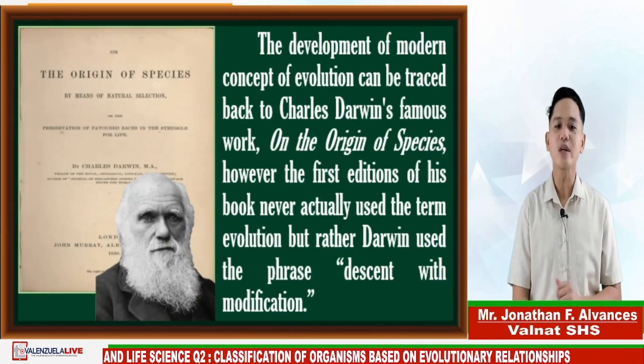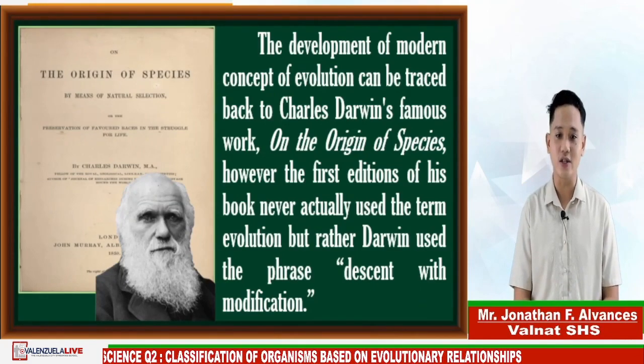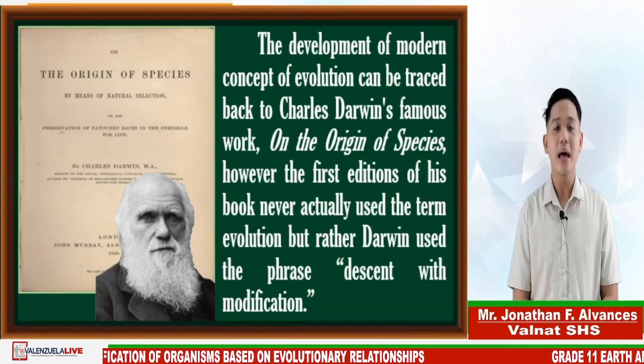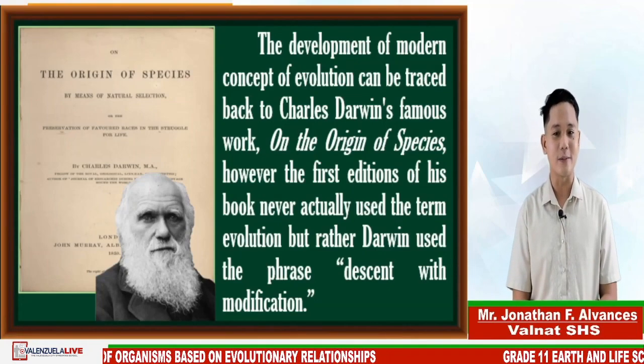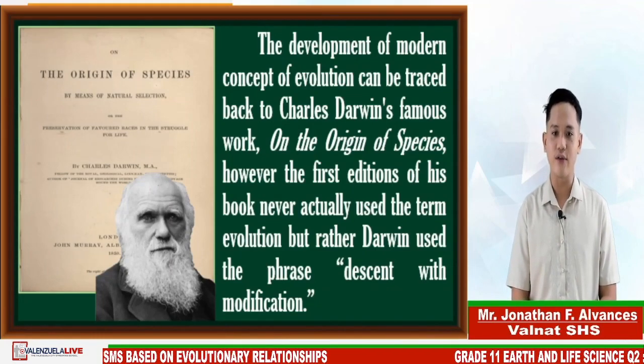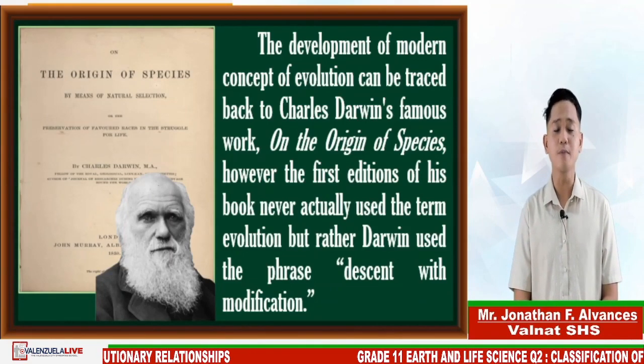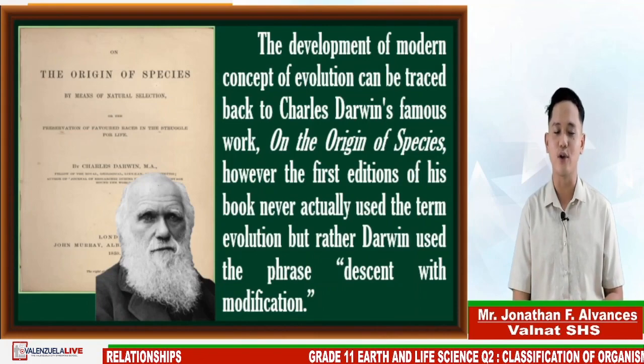It was noted that the first editions of his book never actually used the term evolution, but rather Darwin used the phrase descent with modification. However, he was not the first to propose a theory of evolution.